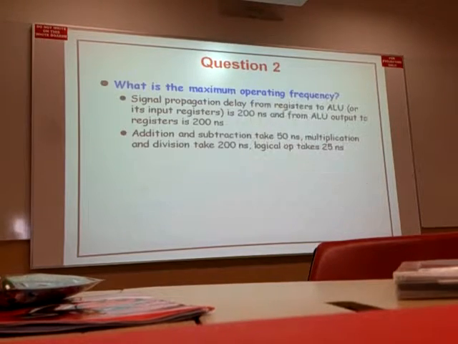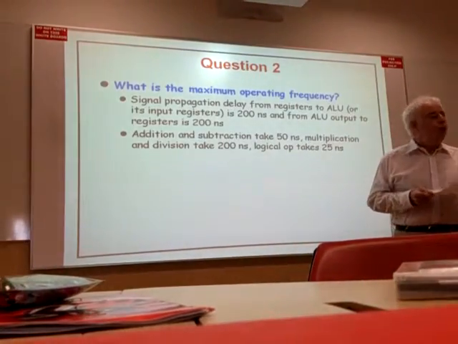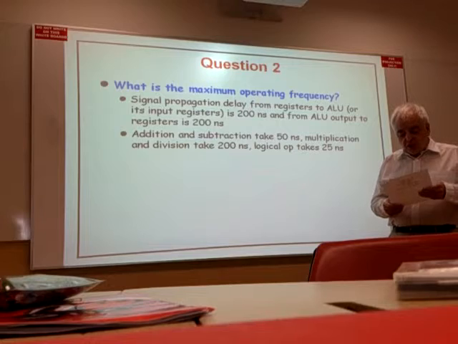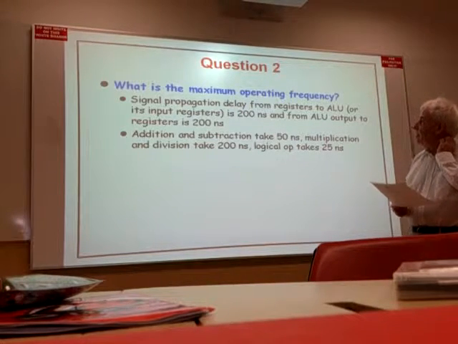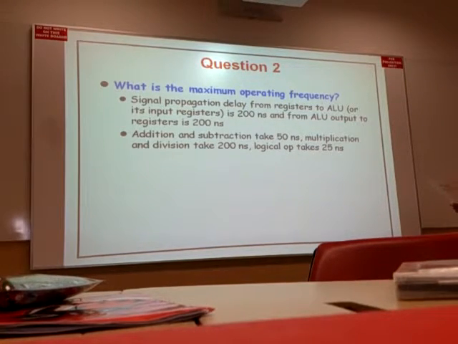They say A and B to ALU? Okay, so question number 2 then asks us what the maximum operating frequency is for the clock, and it gives us some values.